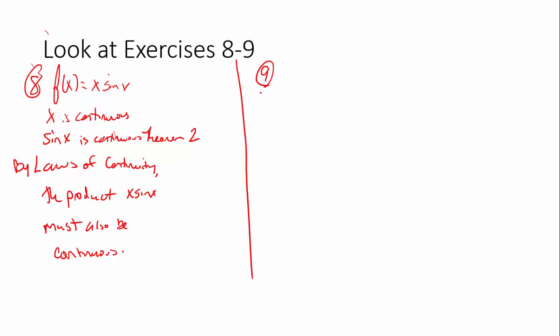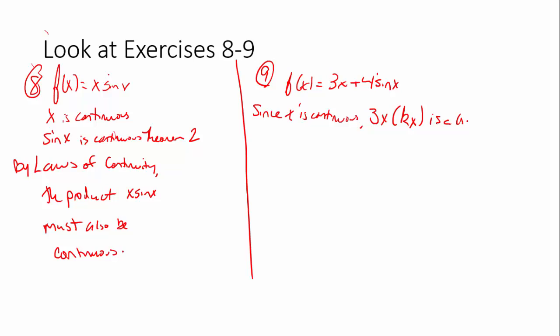Let's look at number 9, same sort of idea. So I've got f of x equals 3x plus 4 sine x. All right, so same sort of thing. We know that x is continuous, and since that is true, 3x, that's of the form kx from my laws, is also continuous.